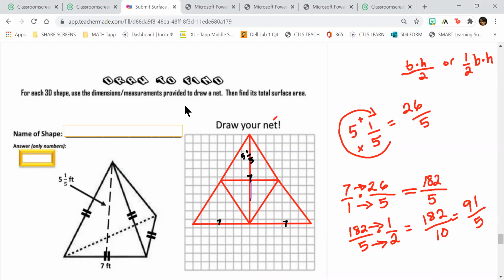And actually, hold on a second. 91 over 5. And he said, what is the name of this shape? Someone needs to mute. What are you doing?